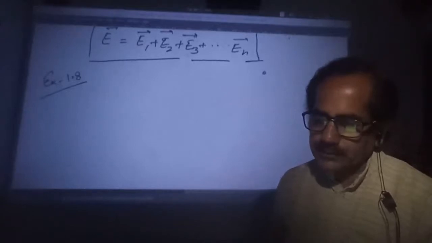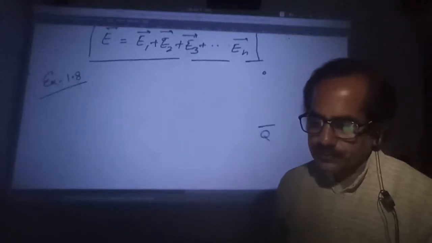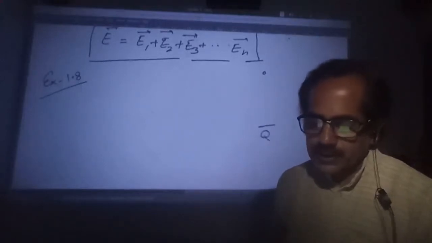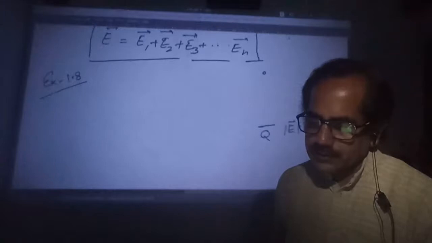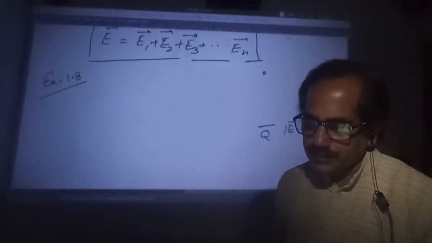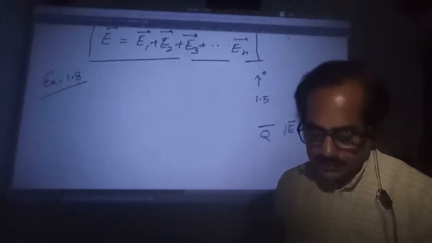There is an electron and this is charge Q. This strength, the magnitude of E, is equal to 2.0 into 10 to the power 4 Newton per Coulomb, and this distance is 1.5 centimeter.